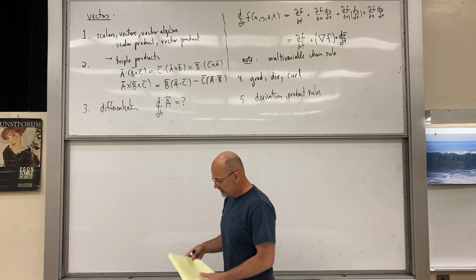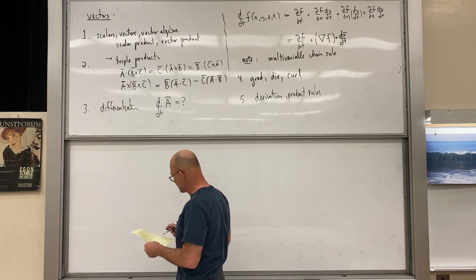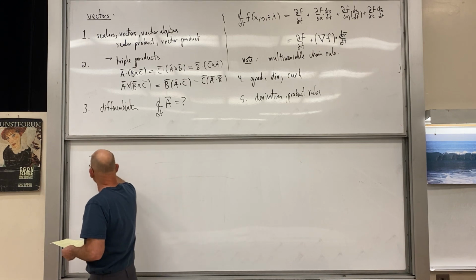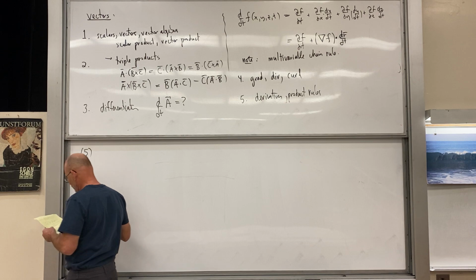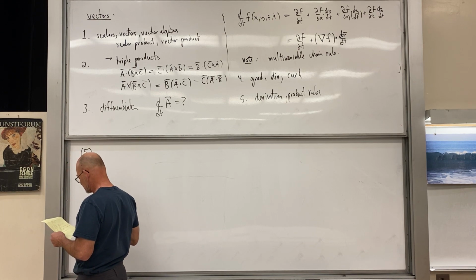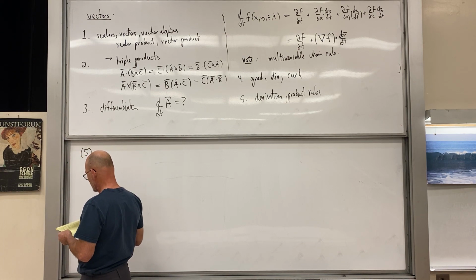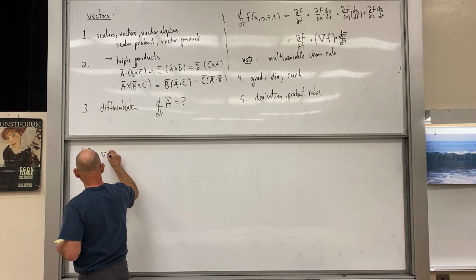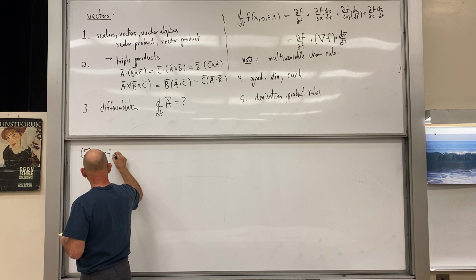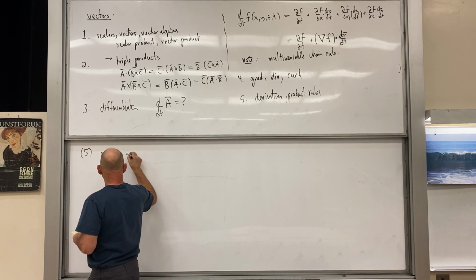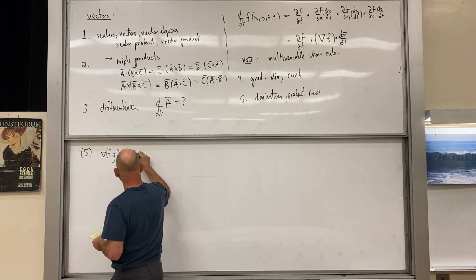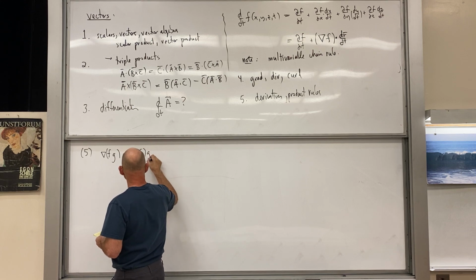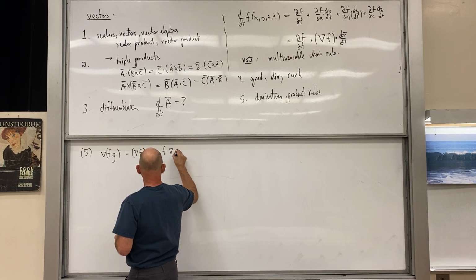I'm just going to break out with the entire list I have here. So here we're still under 5, and I already gave those triple products, so good. Gradient of fg, that's the simplest one. Gradient fg plus f gradient g.